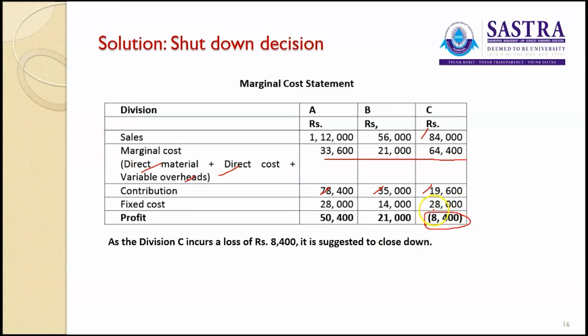And we have a separate fixed cost for it. Suppose if we have a common cost, then we can decide with the contribution. But we have a separate fixed cost for C. This fixed cost is to be recovered from C itself. That's why we are considering the fixed cost here. So it results in 8,400 as a loss. So as it results in the loss of rupees 8,400, it is better to drop division C as the management desires.